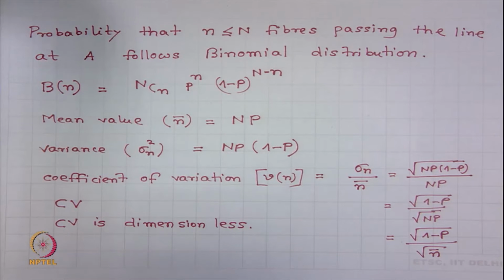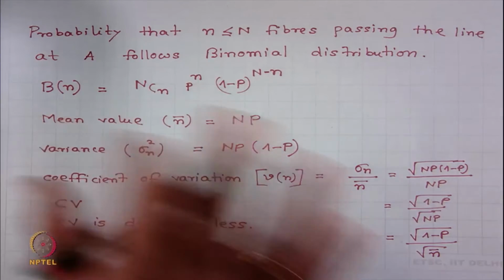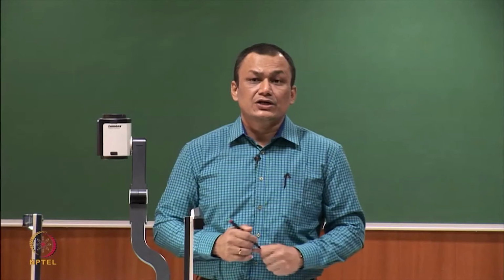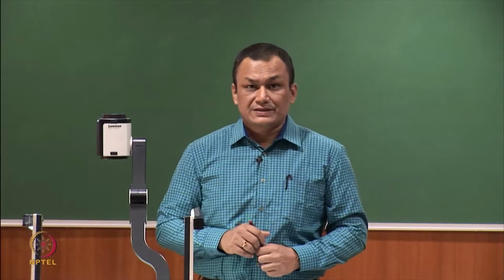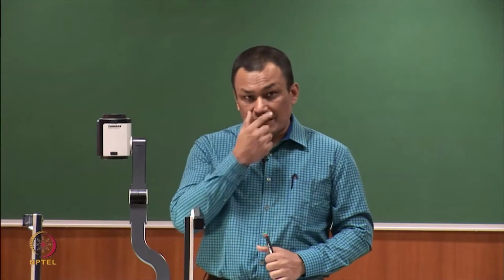So, theoretically we deal with dimensionless C v. However, it is possible to deal with C v also in percentage. In that case, we have to multiply by 100. Okay. So, this is basically the coefficient of variation of the number of fibers present in the cross section of sliver.